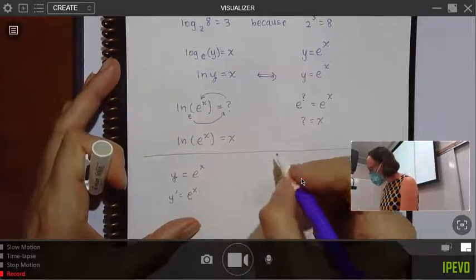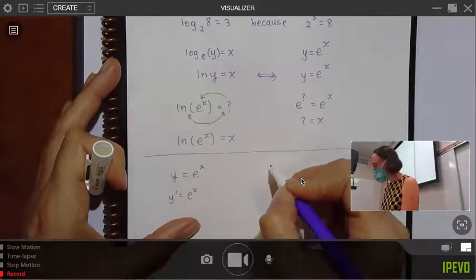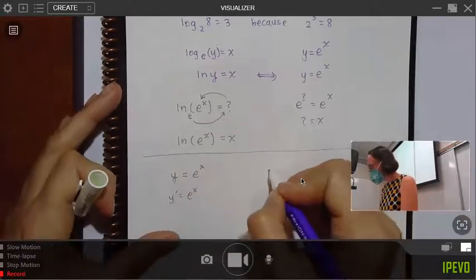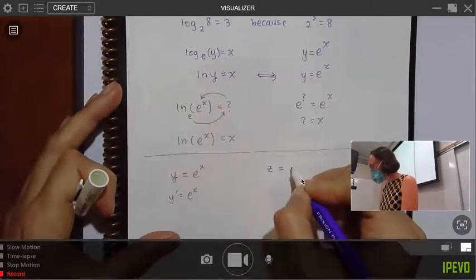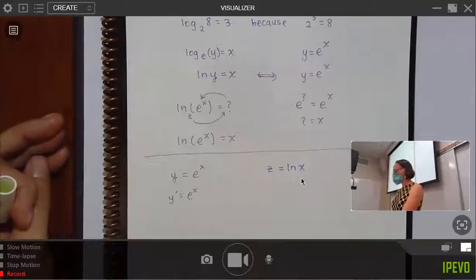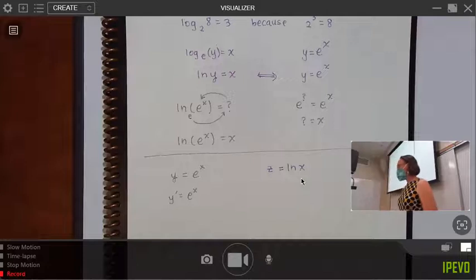But actually, our function is going to be, I need another letter, how about z. Z is equal to the natural log of x. And what I want to do is take the derivative. I do know what the derivative of the natural log of x is, but we're going to pretend for a second that I don't.